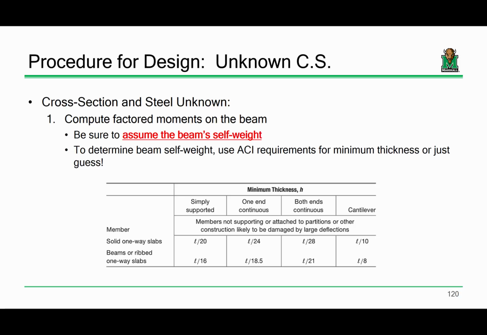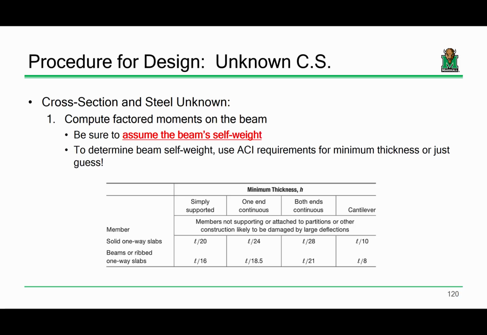So the first thing I have to do is determine the factored moments on the beam. Okay? Now here's the thing. What load must all beams be able to withstand? They have to be able to withstand their own self-weight. Well, how much does the beam weigh? I don't have a clue because I'm in design mode. I don't know what the beam looks like. That's the problem. So I have to guess something. I have to assume something.